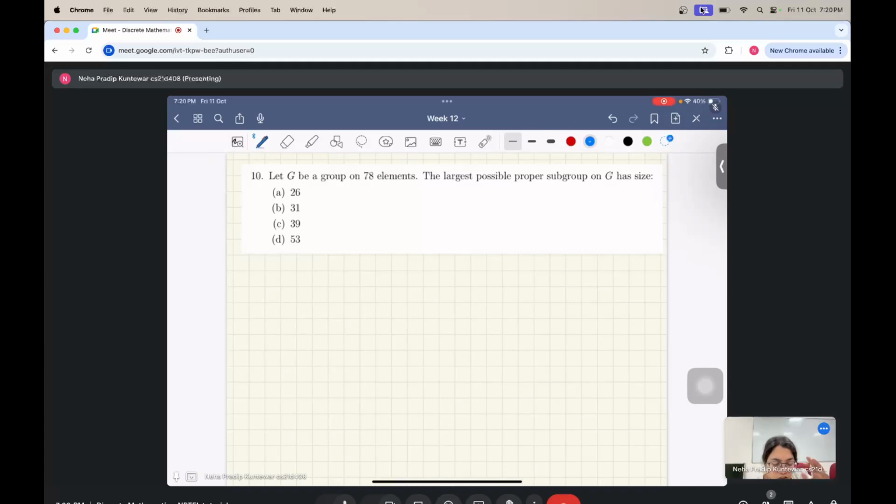The answer to this strange question lies in the simple application of Lagrange's theorem.